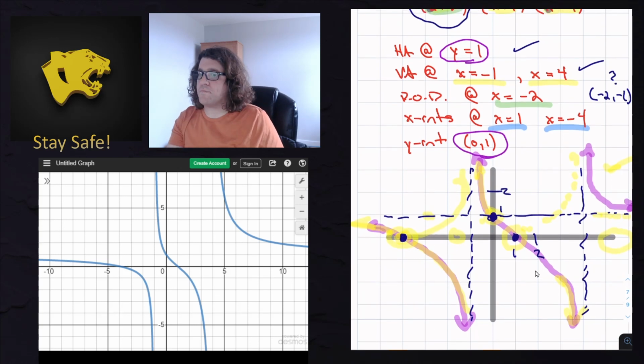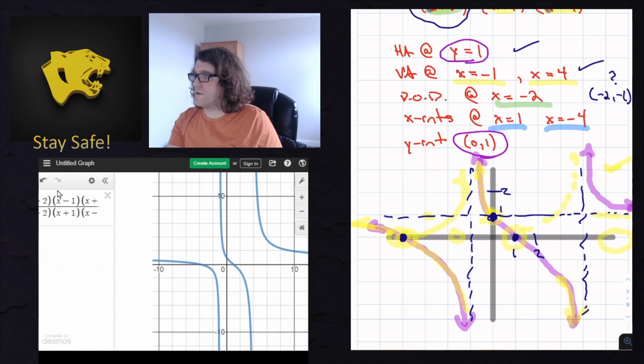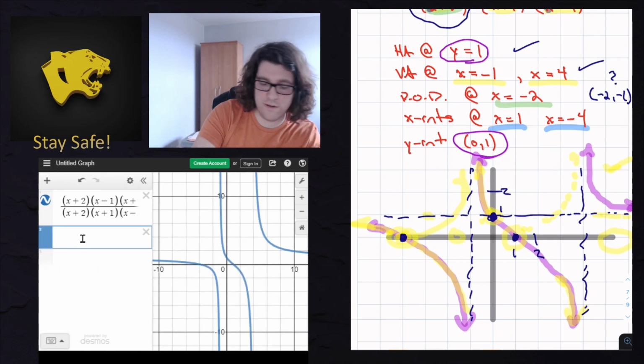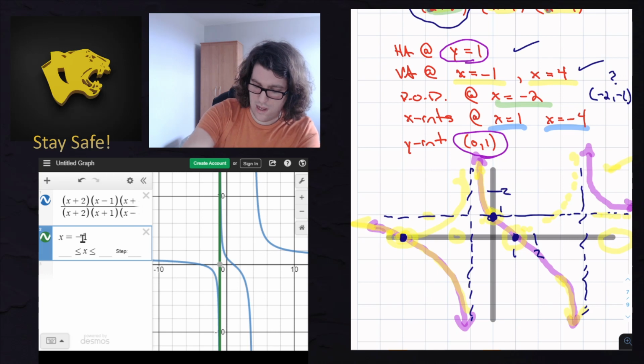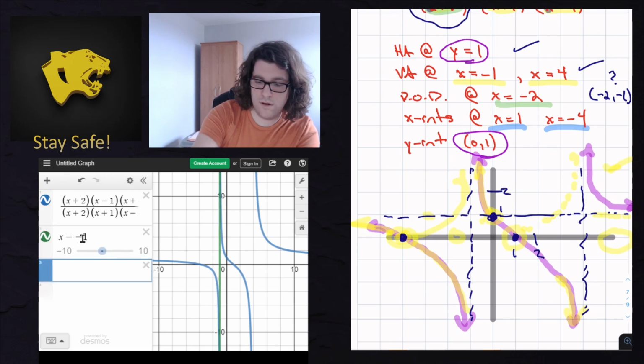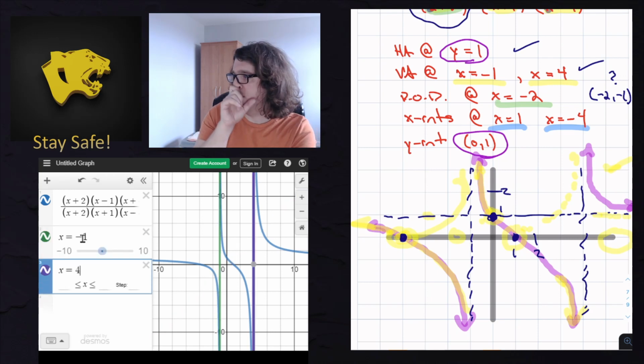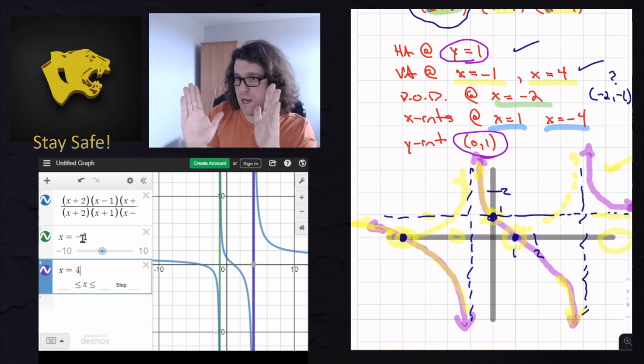It's not bad. So first of all, just to make sure that things seem to be okay in terms of the location of asymptotes and things, if I drew in one at -1 and one at 4, then those look good. They frame that part of the function the way they're supposed to.